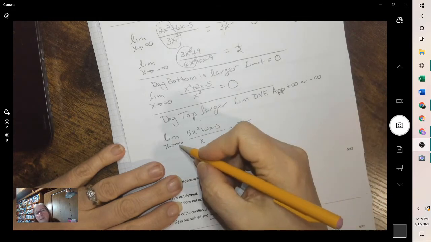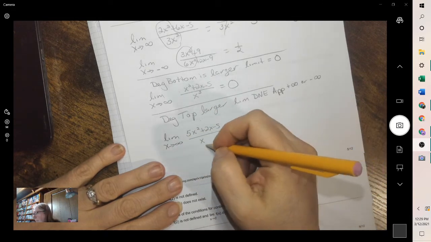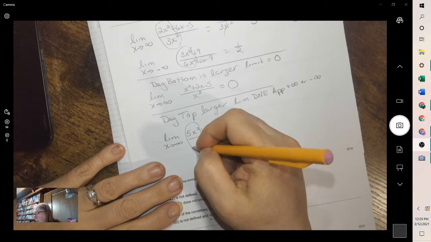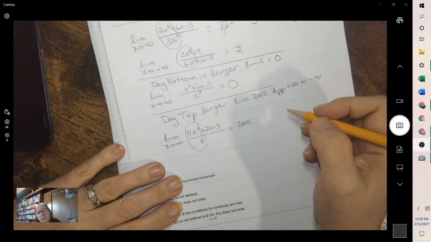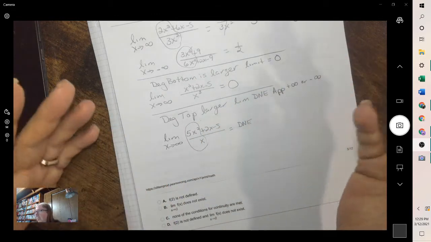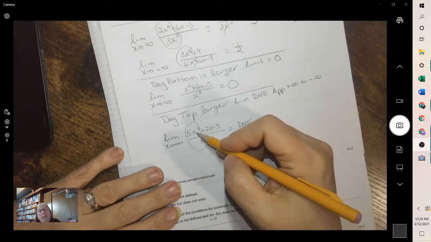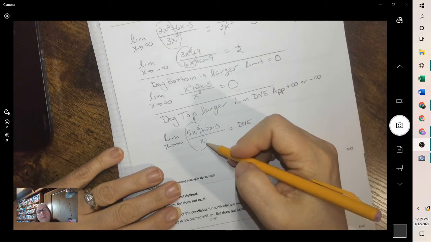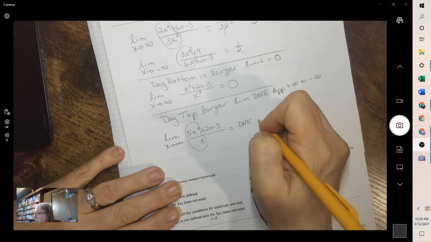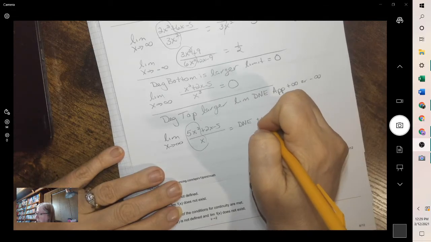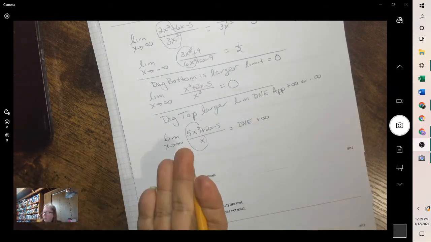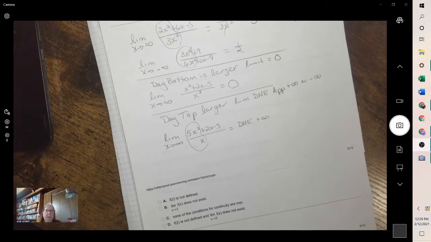And then since this is positive infinity, if you stick a positive 1 in the 2 largest degree terms, we'd get 5/1, which is 5. So it's positive infinity. So if it's positive infinity, plug in a positive 1.